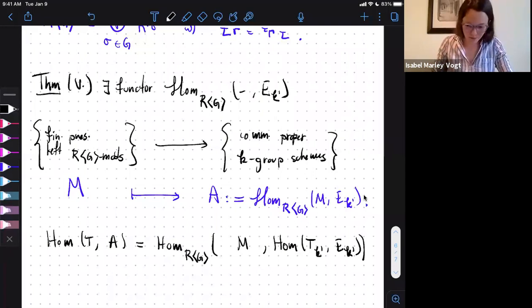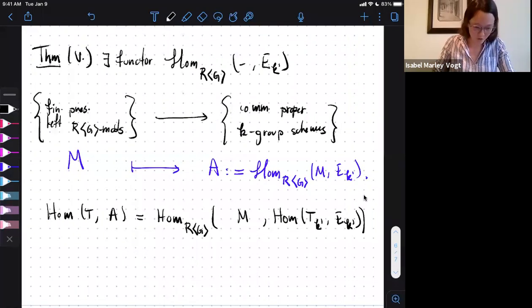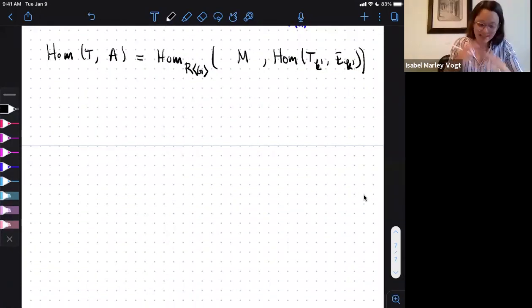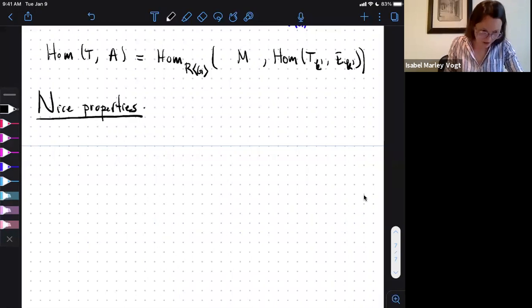So let me state the nice properties now. These are the nice properties, and what you need to show this is actually representable by a commutative proper K group scheme. So the 0th nice property is what you need to construct this.